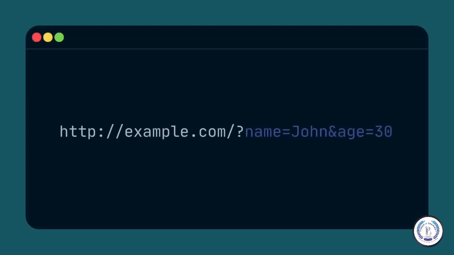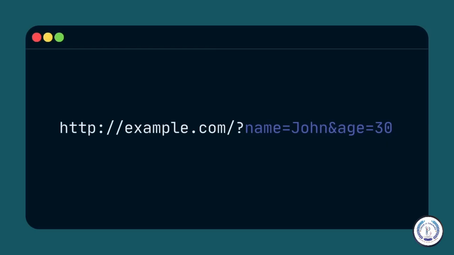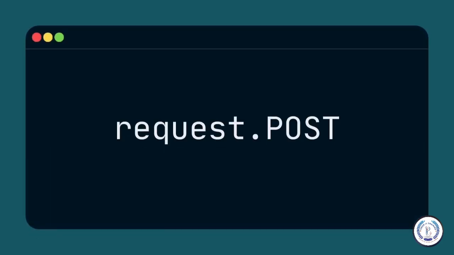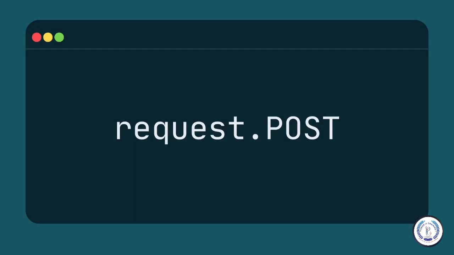For example, if we had the following URL, we can access name and age using request.GET.get, and in parentheses we can pass in age, or we can use request.GET.get, and in parentheses we can pass in name. When it comes to request.POST, we usually use it to get information from when a form is sent to our server, which we'll be seeing later in this course.